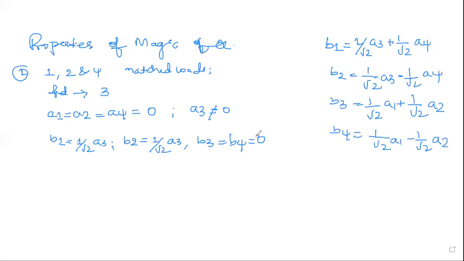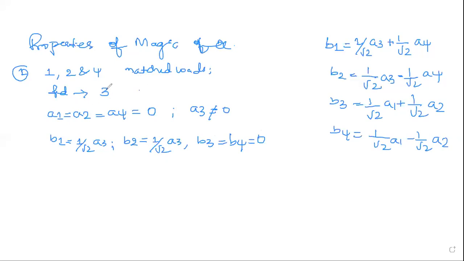Okay. So here you can conclude, from the relation of the equations, that if the signal is fed to port 3, it is nothing but your H plane. It should give you the additive property and it should be in phase.